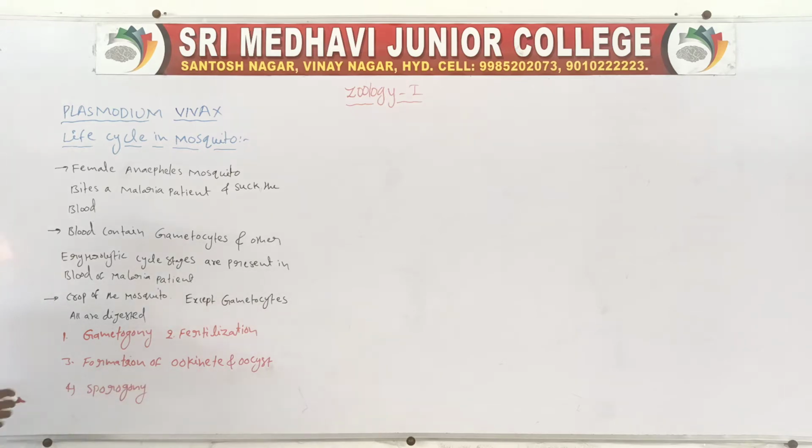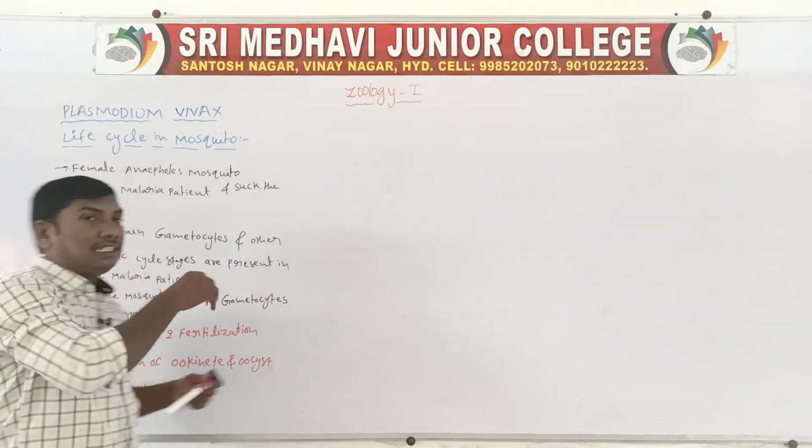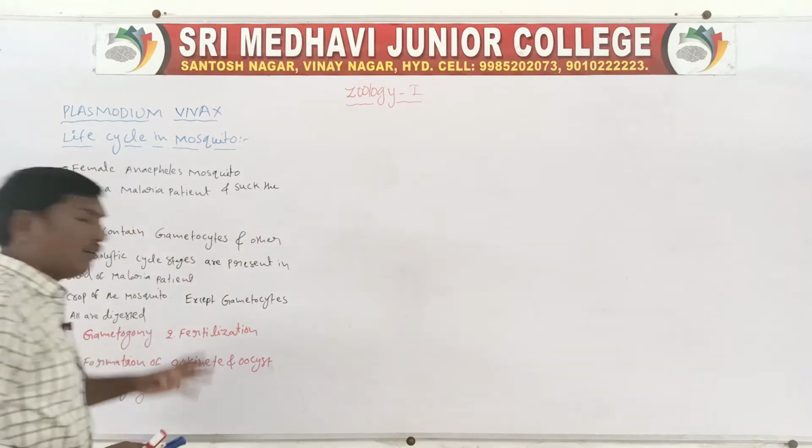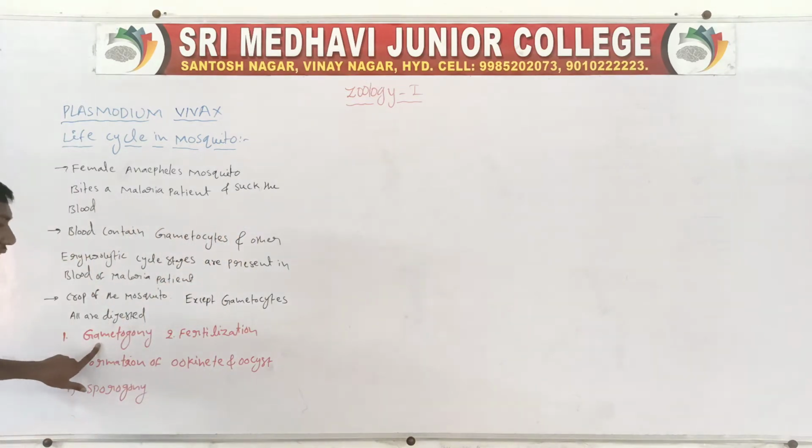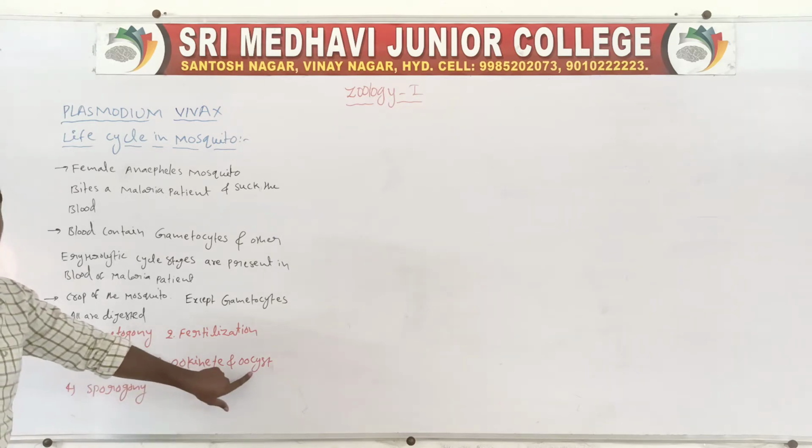So the life cycle in the female Anopheles mosquito contains 4 stages. First one, gametogamy. Second one, fertilization. Third one, formation of ookinete and oocyst.